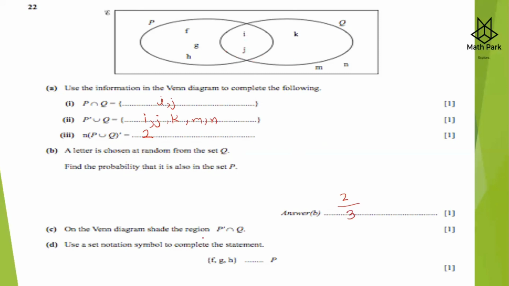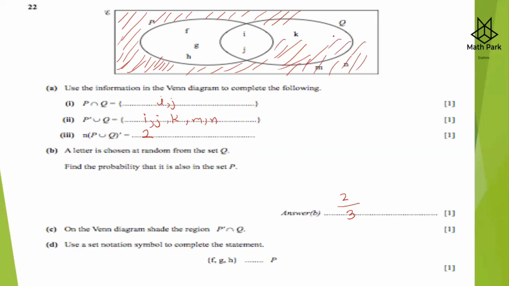On a Venn diagram, shade the region P complement intersection Q. So P complement intersection Q. Okay, so P complement will be which is not in P, and intersection Q. So that means all of that which is in Q, except for the common with P and Q. So here we are going to exclude only the set P over here.